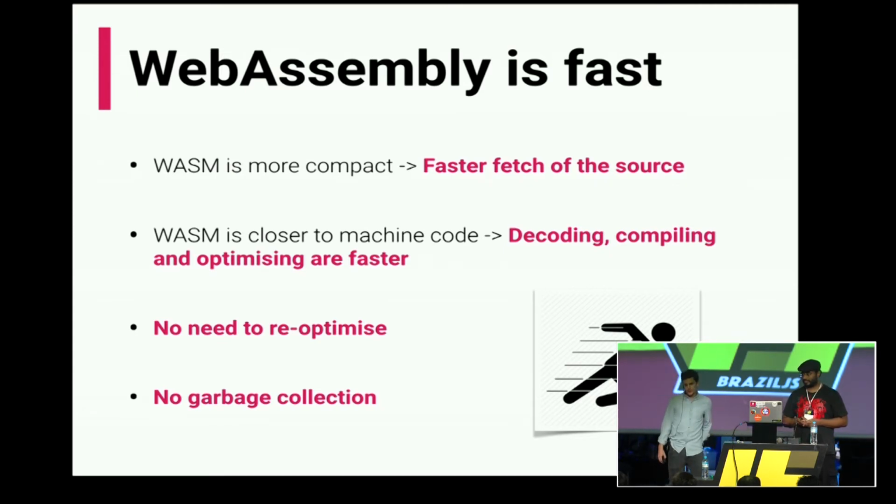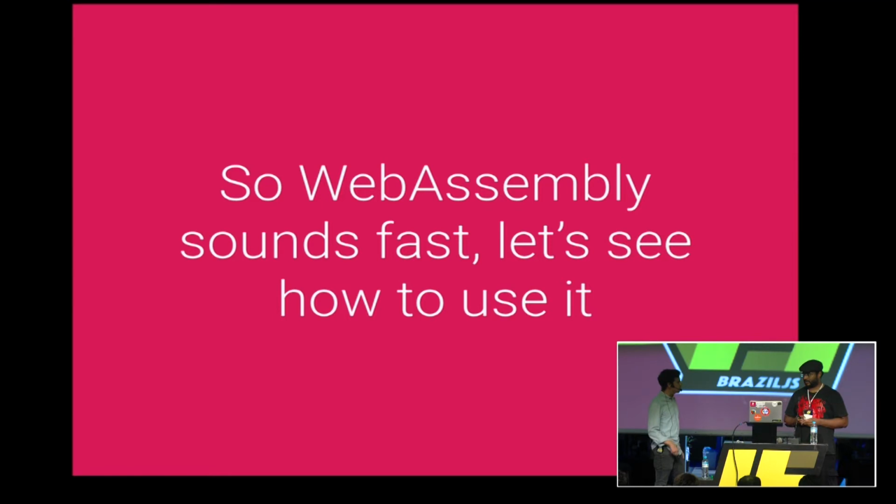Plus, we don't need to do as many analyses on the run as we do for JavaScript, since all the optimizations are done at compile time only once. And in the end, there is no garbage collection if you compile C or C++, so you will save time even on that. In general, these aspects allow you to save a lot of time when you run the program. So WebAssembly sounds fast. We can see now how to use it.